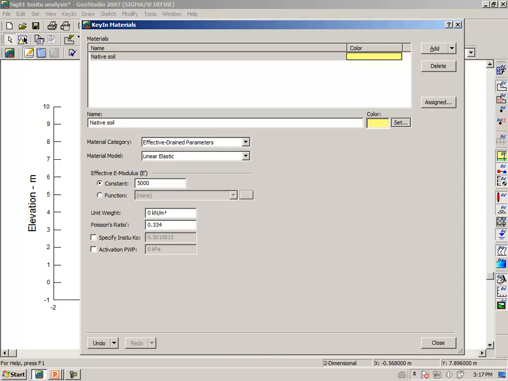We said that the unit weight of the soil was 20 kilonewtons per meter cubed, and that we were going to use a Poisson's ratio of 1/2.